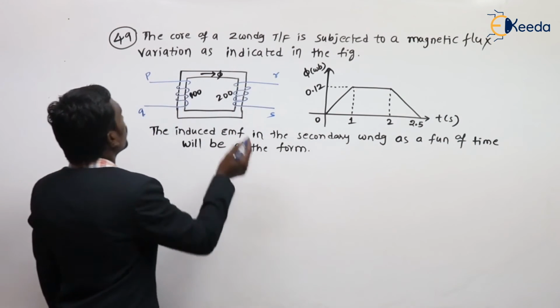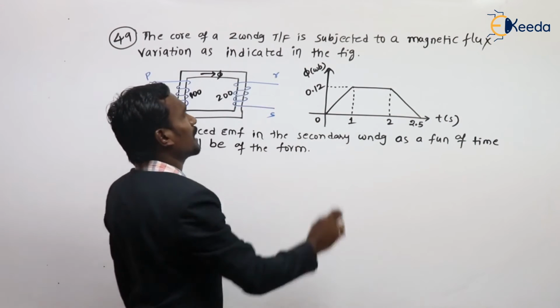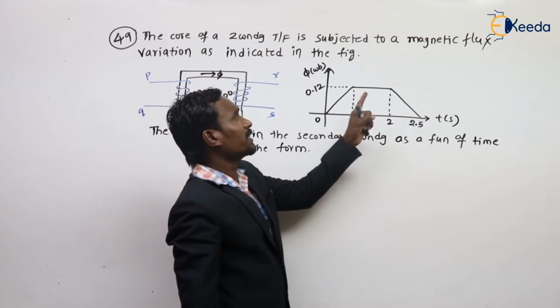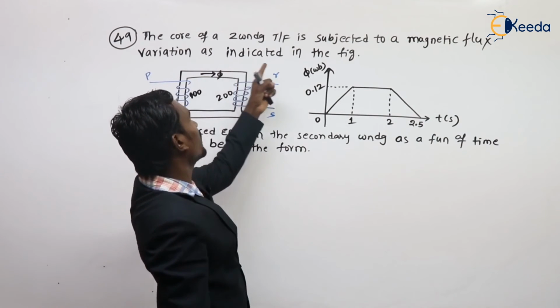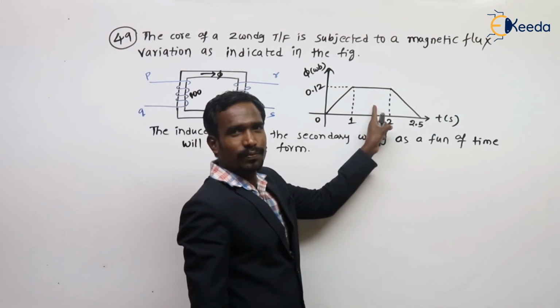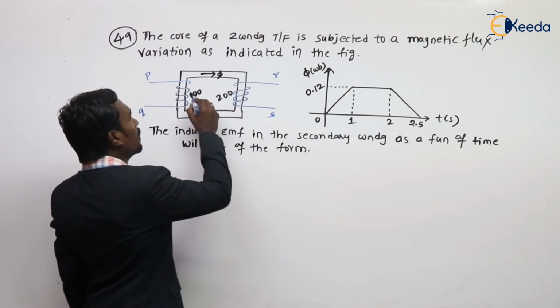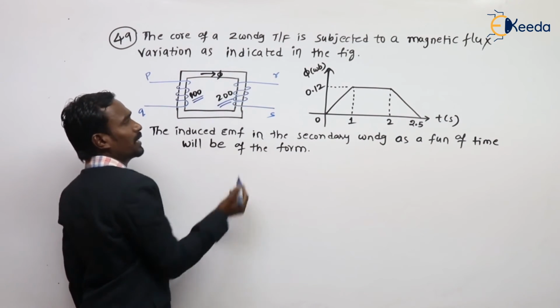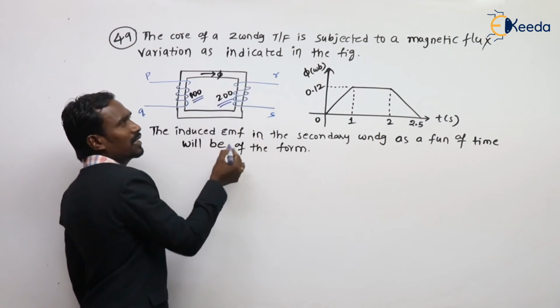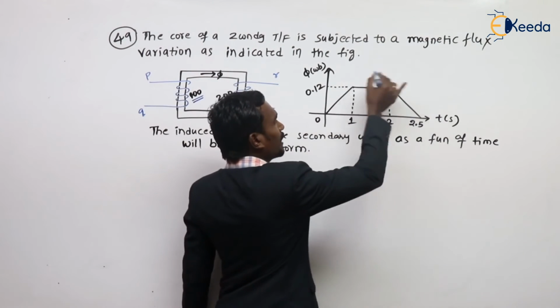Let's see. The core of a two-winding transformer is subjected to a magnetic flux variation as indicated in the figure. This is the transformer. Primary having 100 turns, secondary having 200 turns, and this is the flux. The flux variation is given like this.